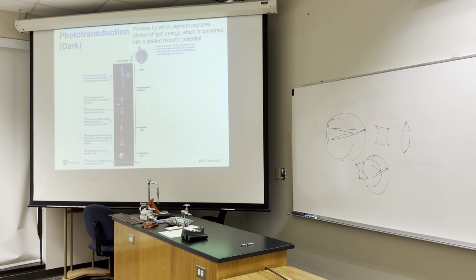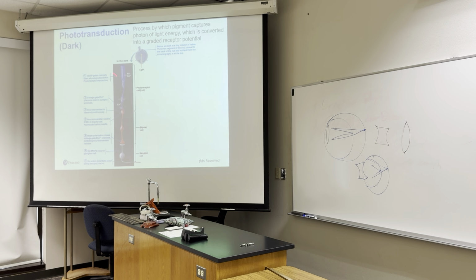But here, the depolarization starts whenever there is no light coming. Does it make sense? It's opposite to all other receptors. This is very different. That is why I was telling you, your eyes are different, your eyes are special.